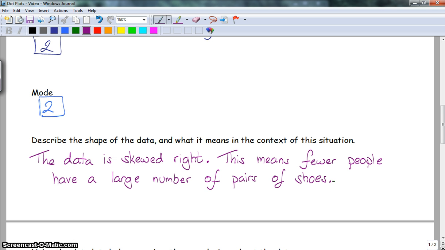Now, the second part of this question is going to change depending on what the context of the situation is, so just make sure you read carefully. But that is what we are looking for when we ask that type of question.